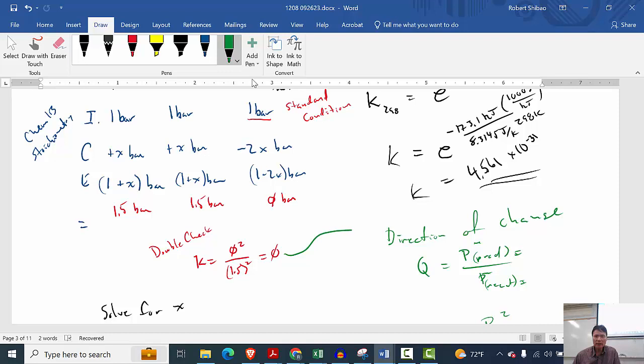We compare the K that we get from our calculation versus the K over here, what it should be. So we got a K value of 0. The K value is supposed to be 4.561 times 10 to the minus 31. What's our percent error in the K value? What would be the percent error?